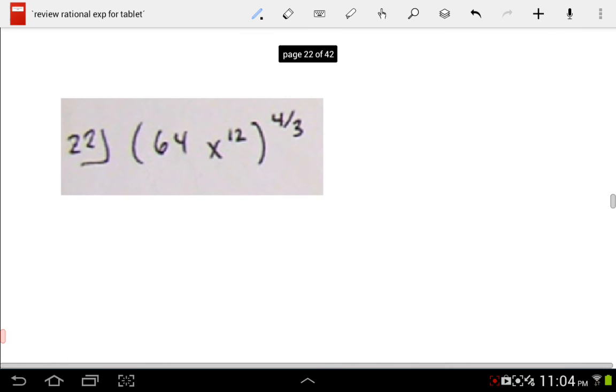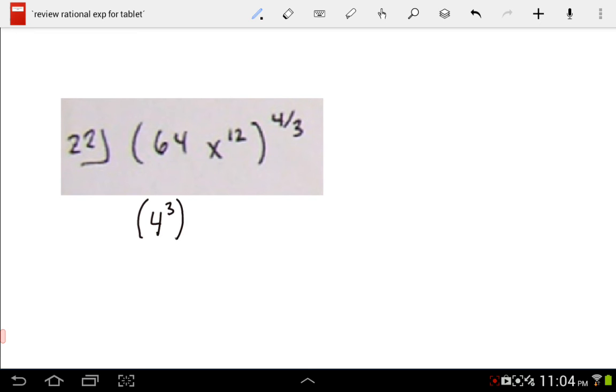Okay, on number 22, now we're throwing in a variable with it. So we're going to write both of these individually to the 4/3 power, and we're going to take 64 and write it with hopefully something that'll cancel. So I'm going to write 64 as 4 to the 3rd power. So 4 to the 3rd to the 4/3, and then x to the 12th to the 4/3.